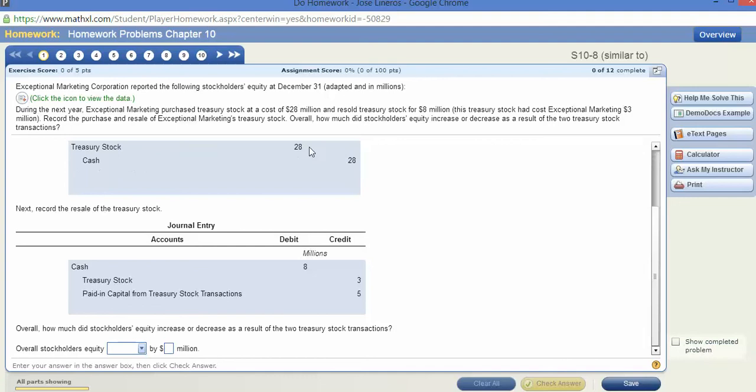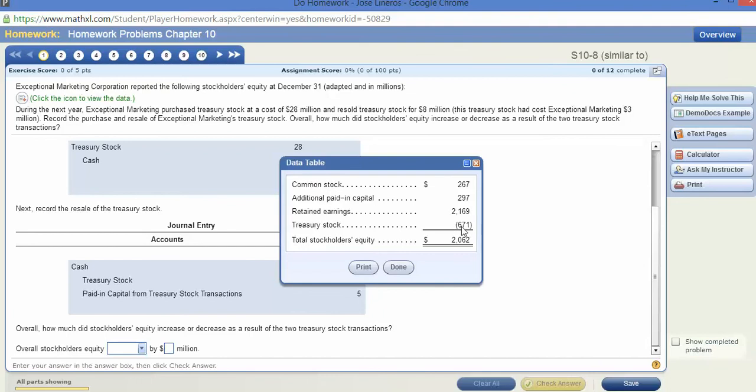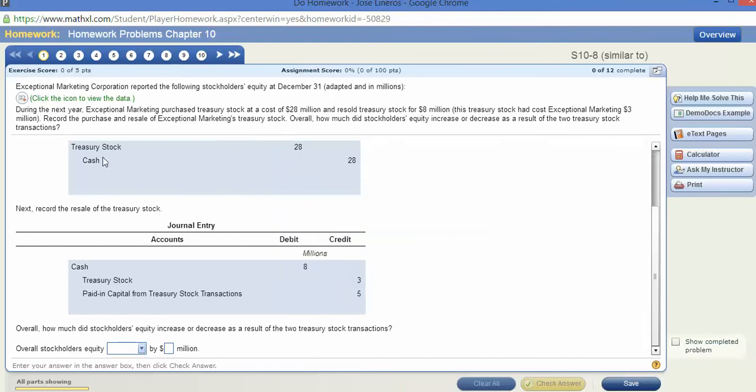When you buy treasury stock, it's a debit to treasury stock, and it goes right here and lowers stockholders' equity. Keep in mind, the common stock account, the additional paid-in capital account, and the retained earnings have natural credit balances. Once you make a debit, this is going to lower stockholders' equity by 28 million.